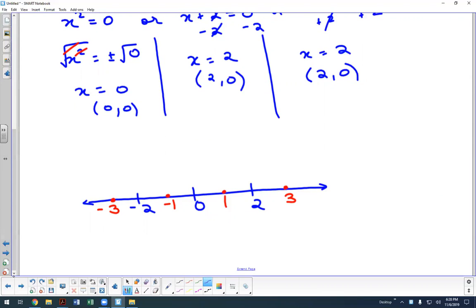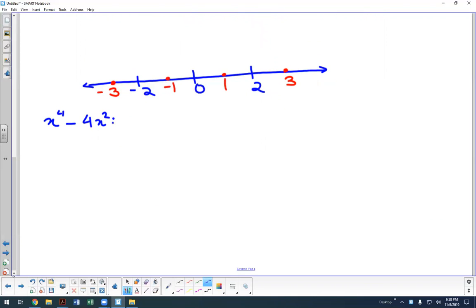So that means we are taking x to the fourth minus 4x squared, and we're trying to see where we get positive values, where we're getting negative values. So let's check these test points. So we've got x equals negative 3. That's going to be negative 3 to the fourth power minus 4 multiplied with negative 3 to the second power.